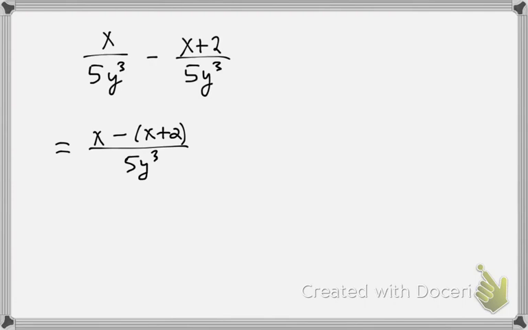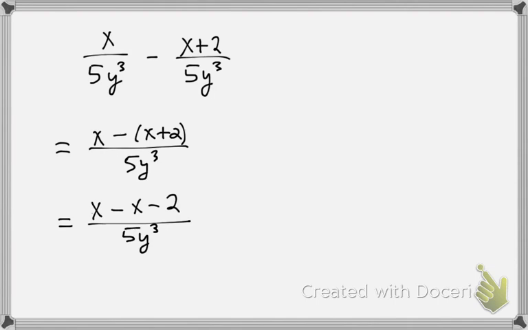Now, notice that minus applied to the whole second fraction, right? So when I put all that in the numerator, that minus still has to apply to the whole x plus 2. So I use parentheses there. And what does that mean? Distribute. And we get x minus x minus 2 over 5y cubed.